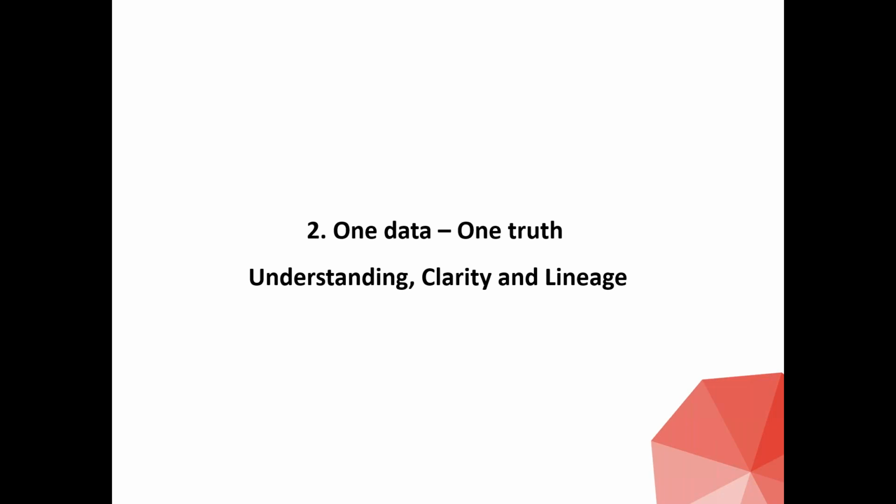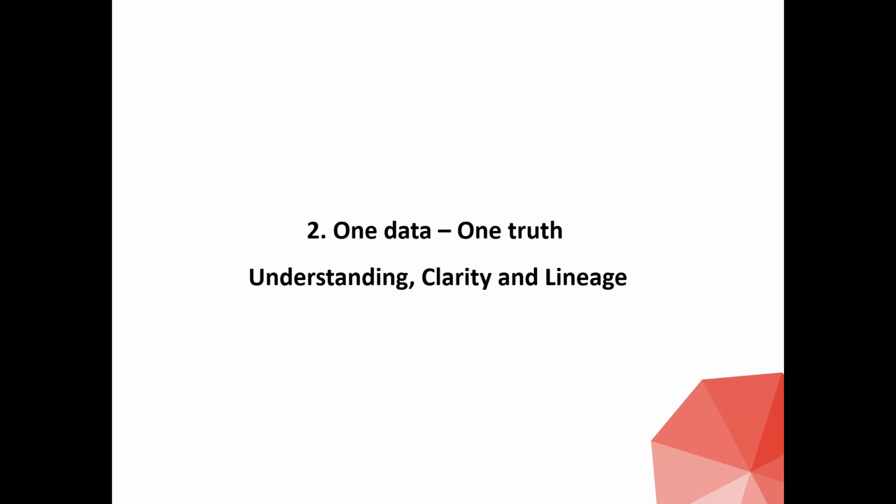2, one data, one truth. So going back to point number 1, we don't want to use different data for supervisory or prudential reports in terms of liquidity reporting, and then another set of data for internal liquidity MI. We want to use the same data for RWA calculations that we use for other ALM type of calculations.